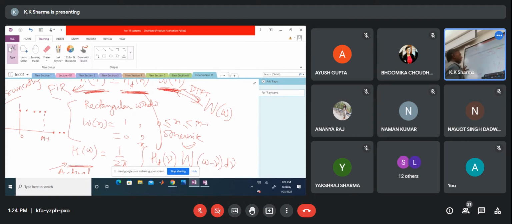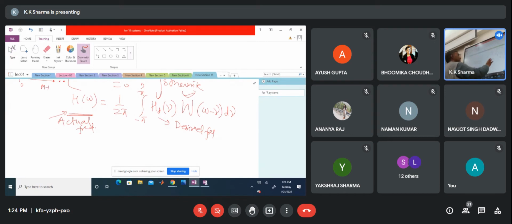So this leads to a phenomenon which is called Gibbs phenomenon. This convolution, because generally the Fourier transform of the window function shows an oscillatory behavior. This is the kind of frequency response of the rectangular window. It's not flat. So let us say my H_d(omega) is the ideal low pass filter characteristic.